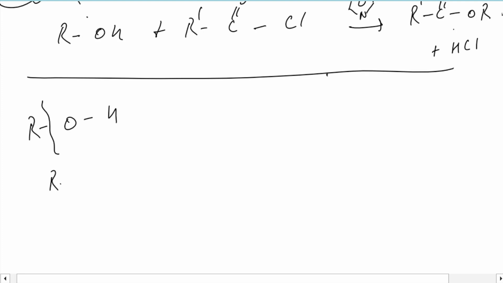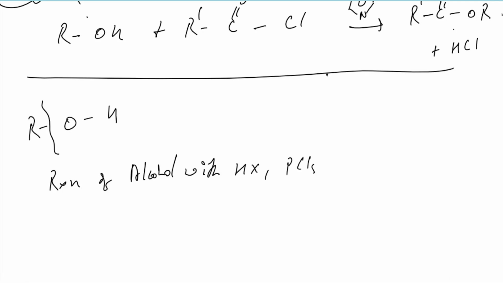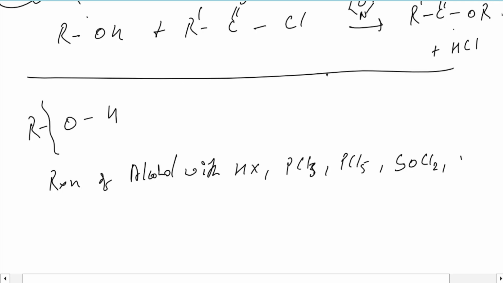So reaction of alcohol with HX, PCl3, PCl5, SOCl2, HCl in the presence of ZnCl2, as well as NaBr plus H2SO4.